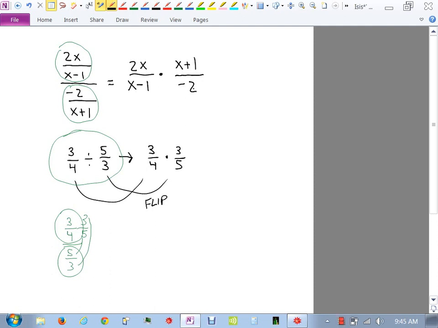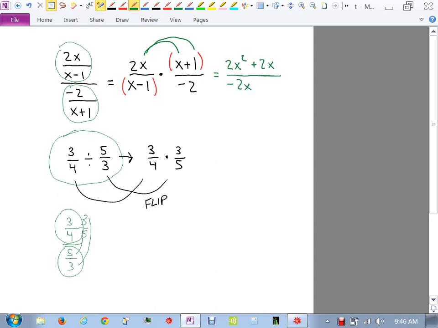Now, how do you multiply fractions? Straight across. Now, I have two terms on the top, and then over here I have two terms, so I'm going to put them in parentheses. And now distribute through. So what's 2x times x? 2x squared, and then plus 2x. And on the bottom, what do we get?